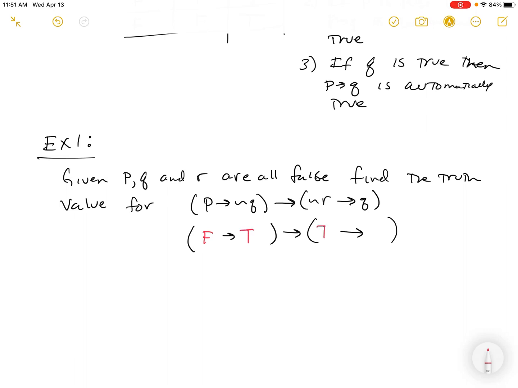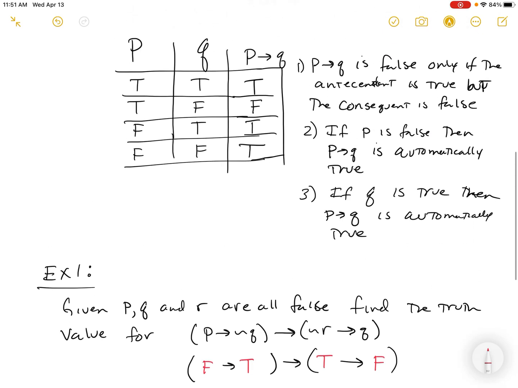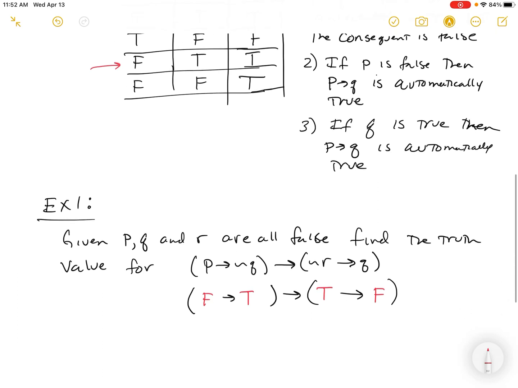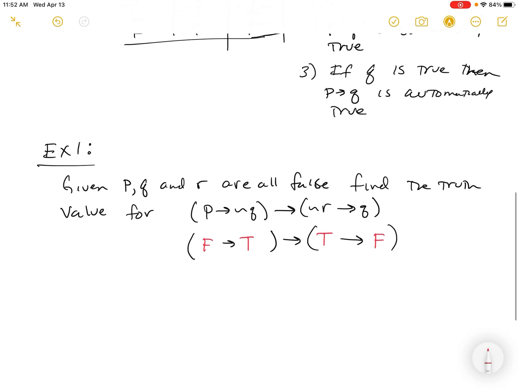We know R is false, so not R is going to be true, and we know Q is false, and so we'll put a false in there. So now we have false implies true implies false. Let's handle them one at a time. What do we know about false implies true? Well, we can look at our truth table, and that would be this one right here, false implies true. But we also know that anytime that antecedent is false, then we automatically have a true statement. So this is a true statement right here.